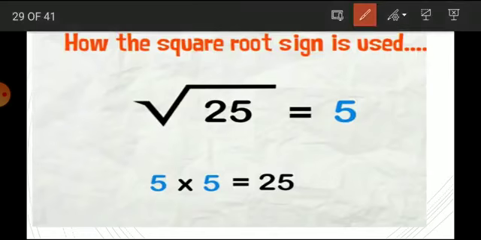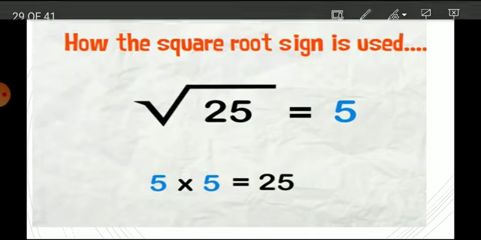See, if the value is 25, the root of 25, we can get the square root value in an easy way. Which number multiplied twice gives the answer? Here it is 25, and 5 fives are 25, so we use it twice.